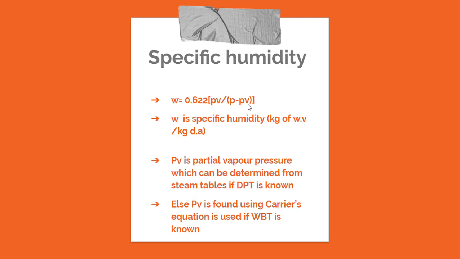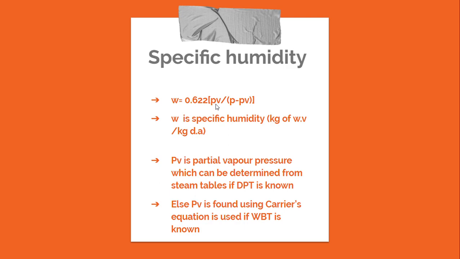This expression can be derived from first principles, from the definition of specific humidity. What is the definition of specific humidity? It is the kg of water vapor upon kg of dry air. If we use the gas law, PV is equal to MRT for each, and substitute the appropriate constants of R, then you will get this expression with 0.62.